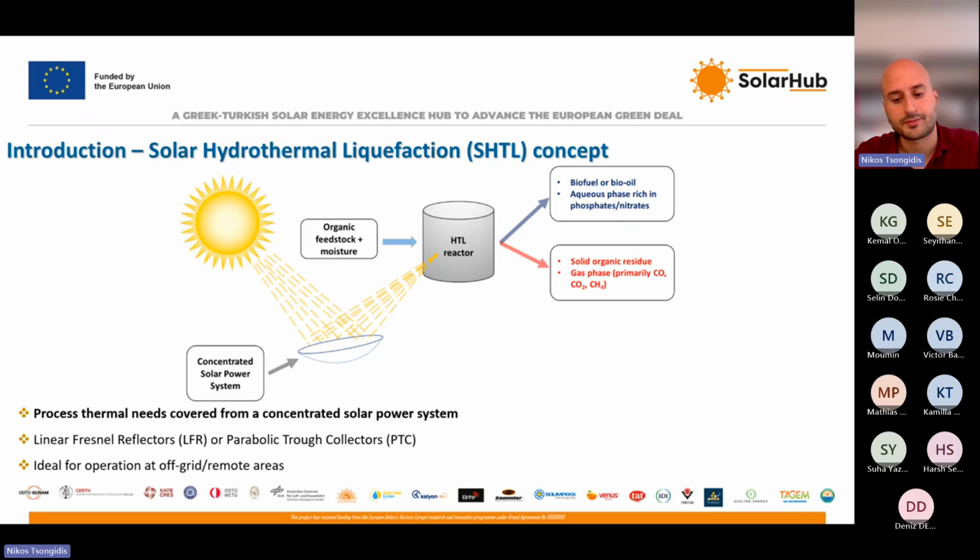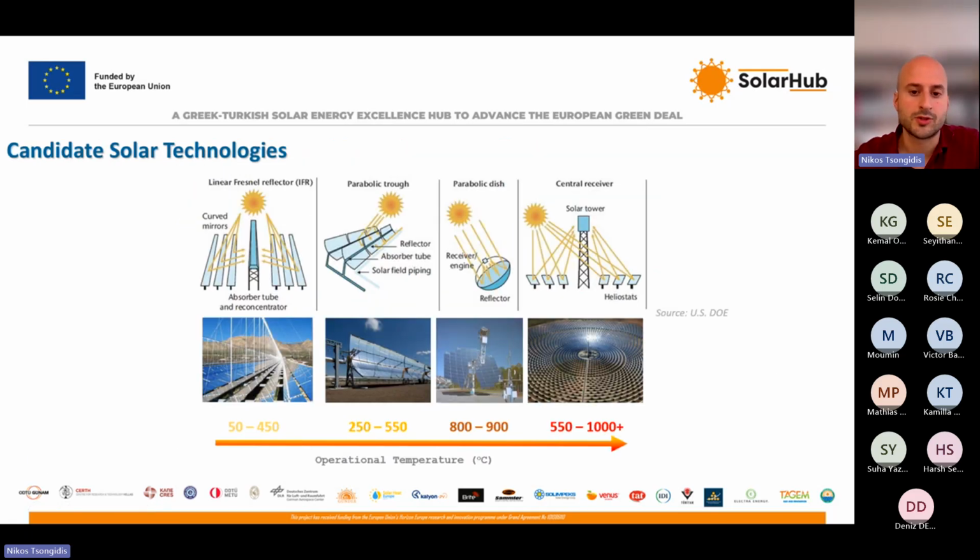So in this case, especially when it comes to the pre-design number 2 of SolarHub, the idea is, of course, to be able to treat organic biomass on site, so in the fields and in rural areas. As also presented earlier by Gökhan, some of the candidate solar technologies here, of course, you can see the whole temperature and operational temperature window that we use.